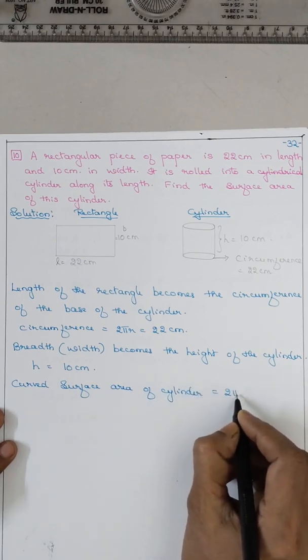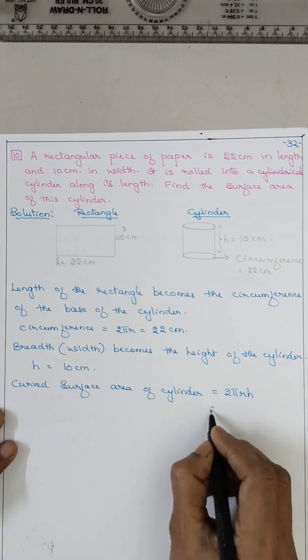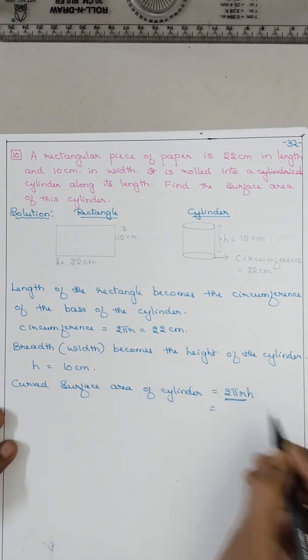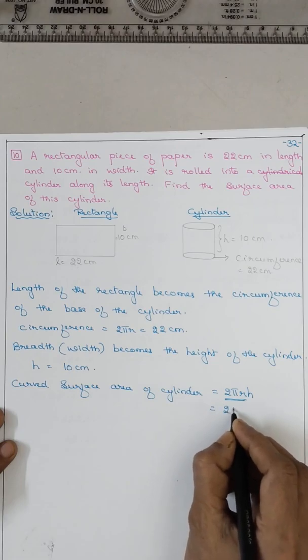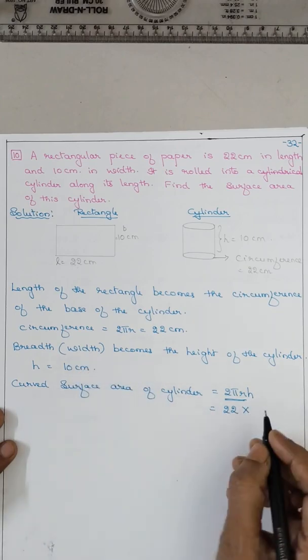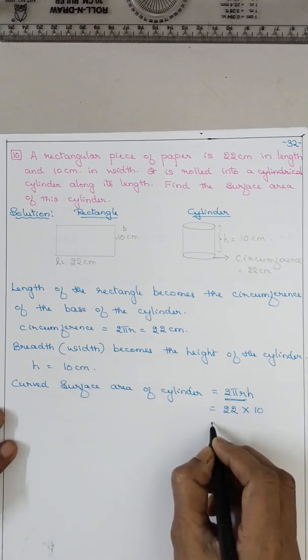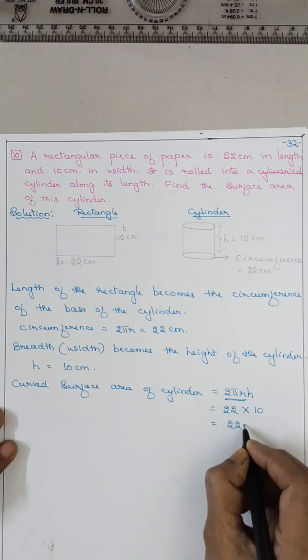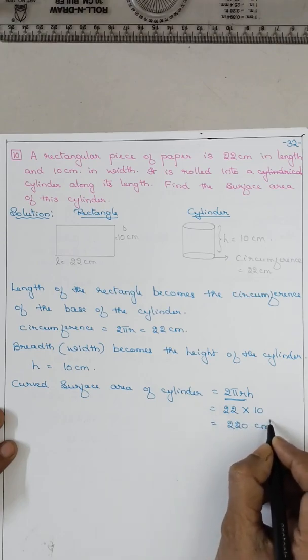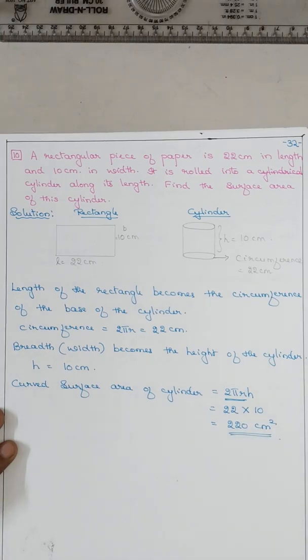Formula is 2 pi r h. Already 2 pi r is given, that is 22. Height is 10. That is why the answer will be 220 centimeter square. If they mention clearly CSA, yes.